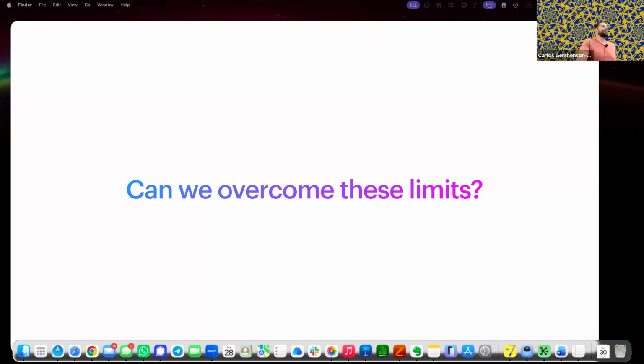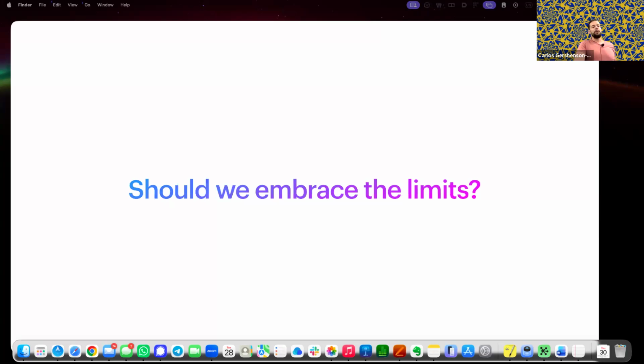So we wouldn't be here. Because in order for evolution to work, it is necessary to have limited predictability so that you can have novelty. So maybe we should better embrace these limits.